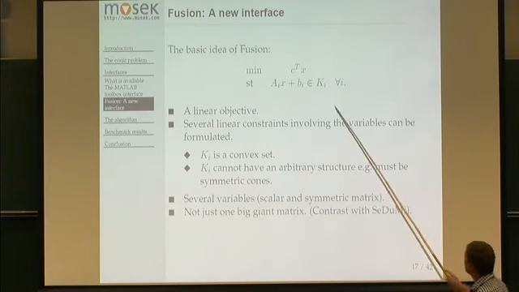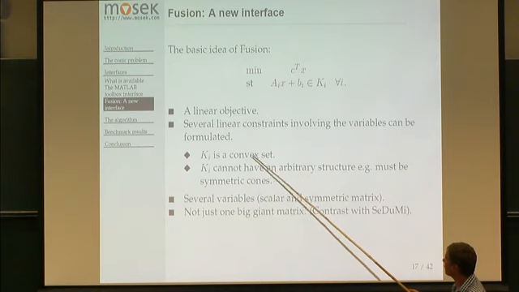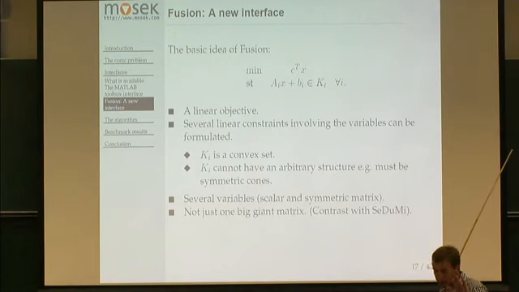And this set is always a convex set. We won't allow arbitrary convex sets, but we will only allow the convex sets that are maybe a quadratic cone, maybe a box, or the positive orthant, or the cone of positive semi-definite matrices.